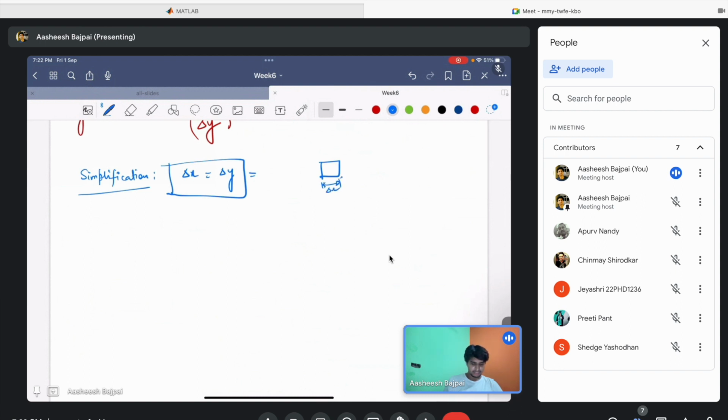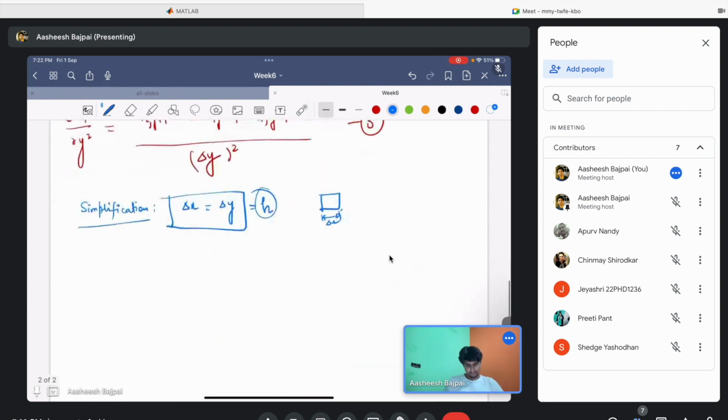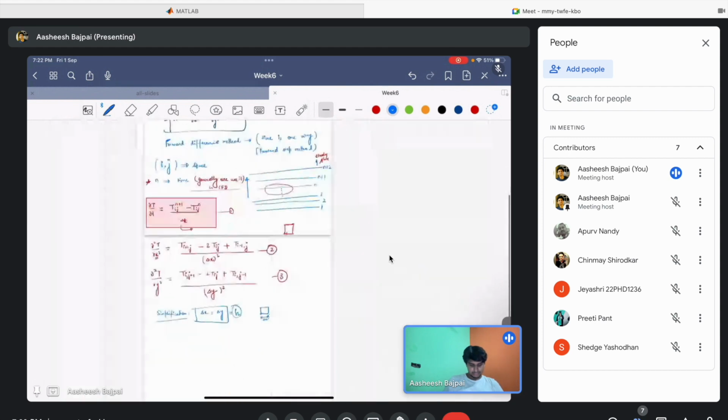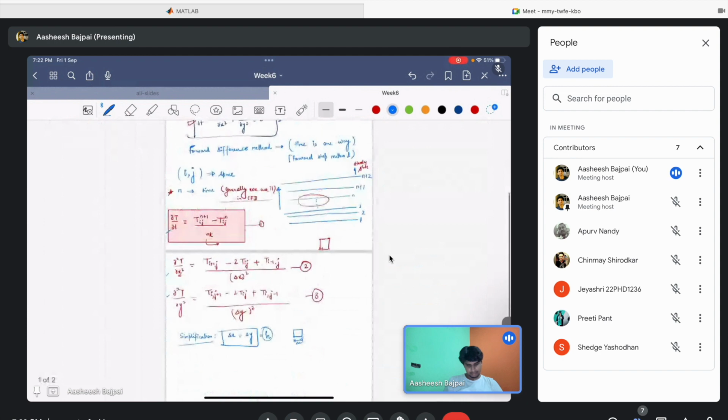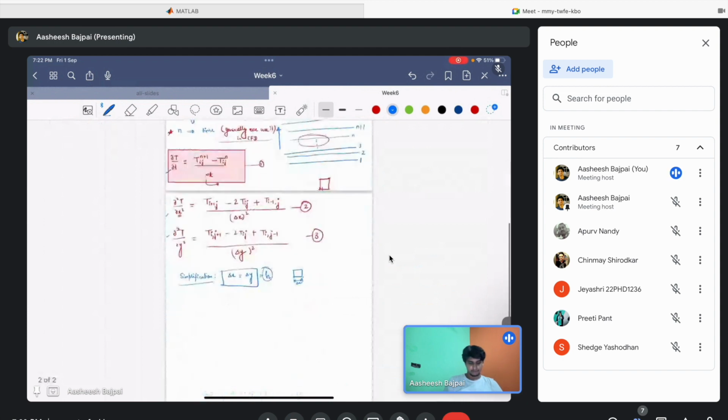I'm taking that as h. So this is one assumption. We will drop these assumptions at a later stage. So let me put these three into our equation and see what happens.